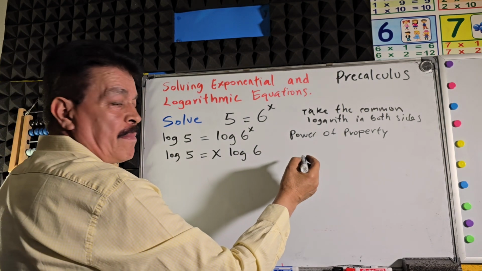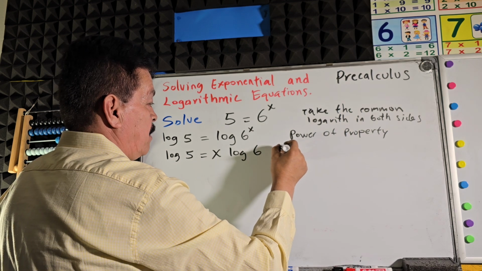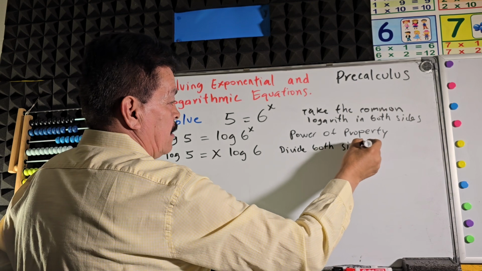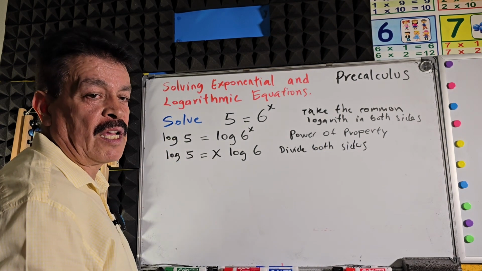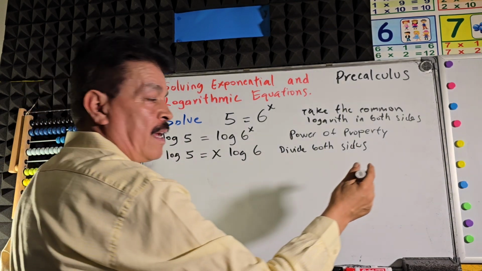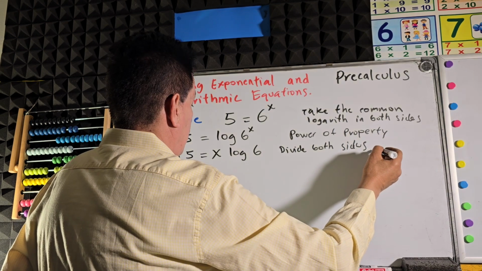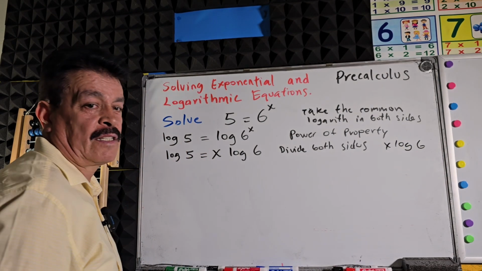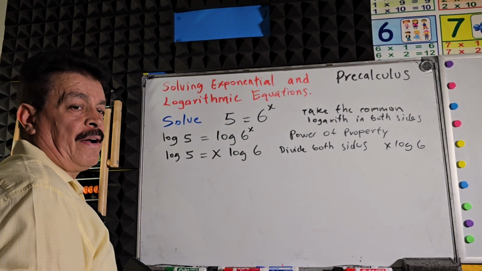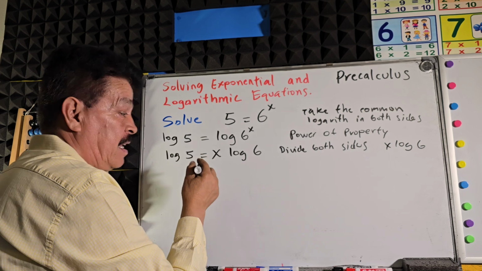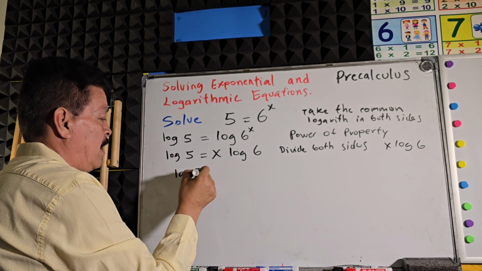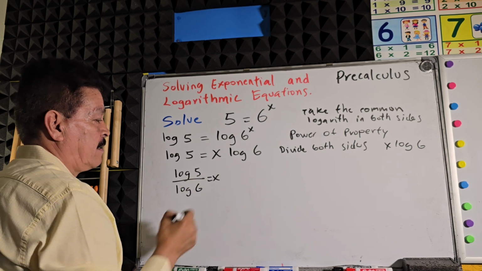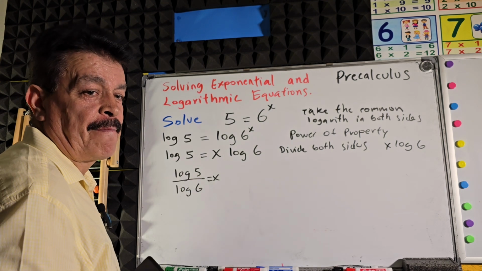Now divide both sides by log 6. We have to divide both sides by x log 6. We will have this step: log 5 divided by log 6 equals x. Okay.